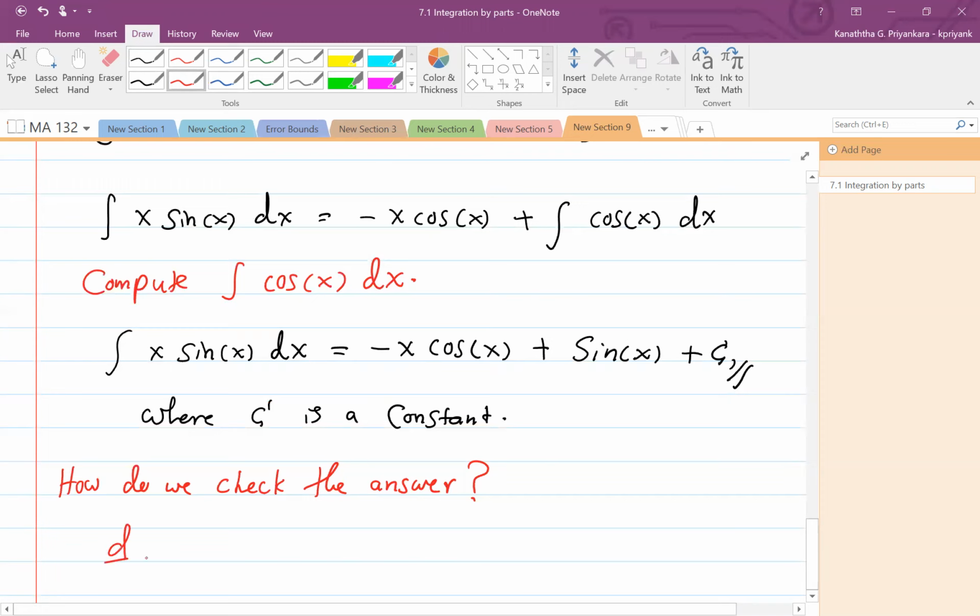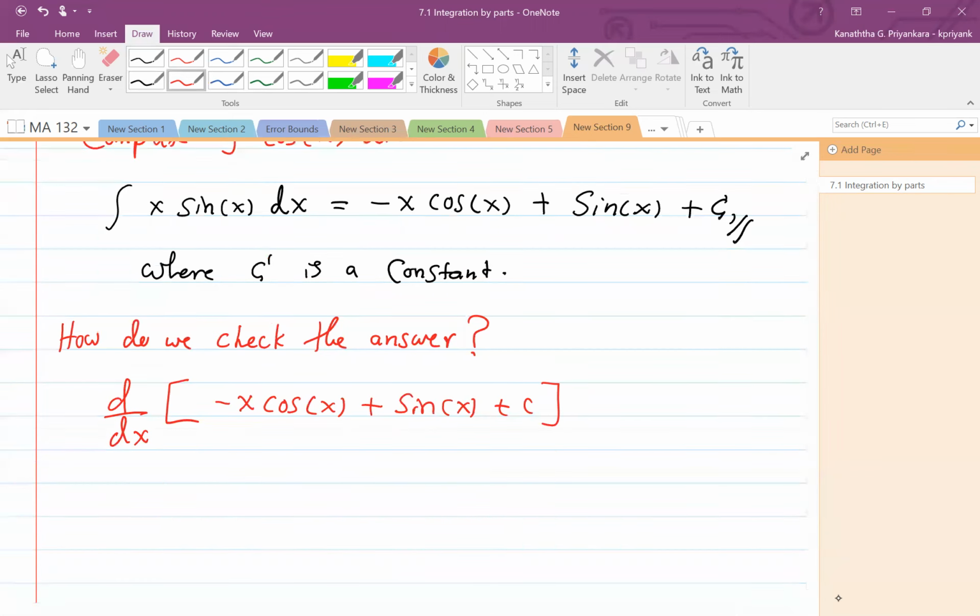So we take the derivative with respect to x of negative x cosine x plus sine x plus c. Remember, this is a product. I will take negative x as one term and cosine x as the other term, so we have to use the product rule.